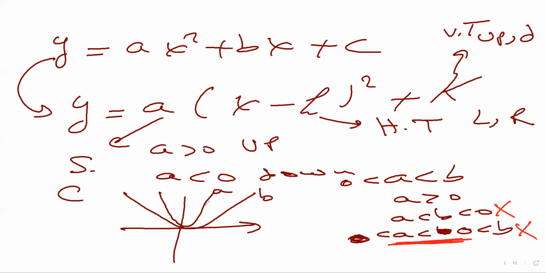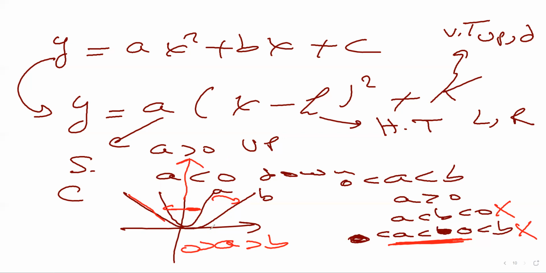But which one is stretched, A or B? In fact, A is the one that is stretched. The narrower it is across the y axis, the more stretched it is, and the greater than the compressed one. So in fact A is greater than B, and all of them are positive.